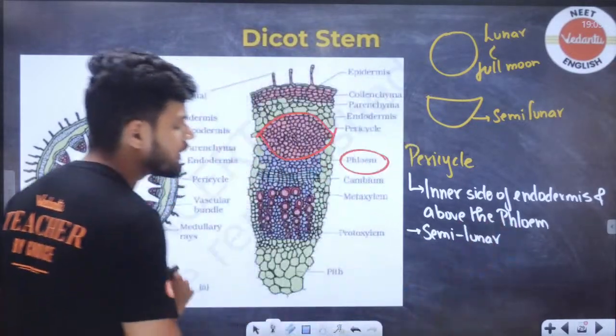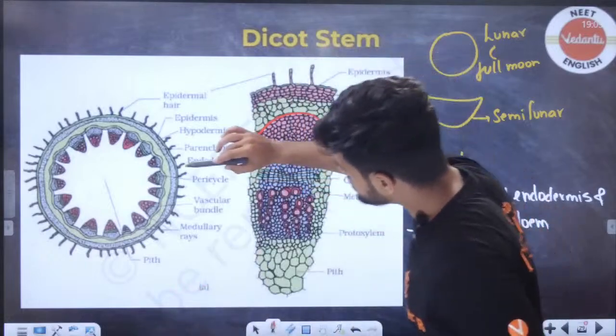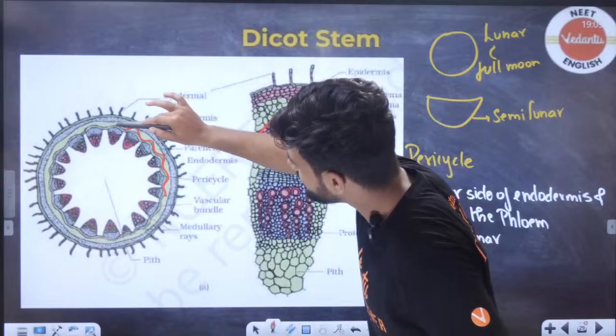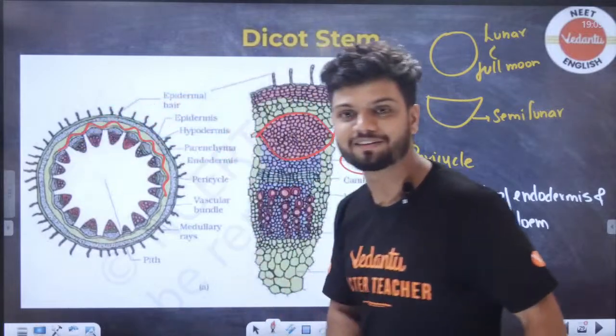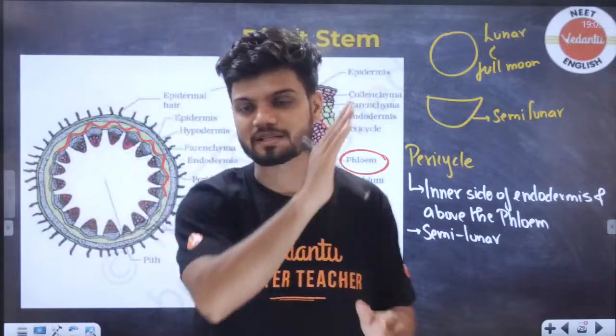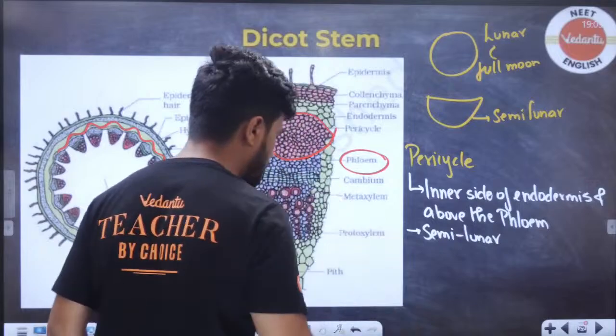Semilunar shape. And apart from semilunar shape, if you look at this section right here, can you see the pericycle is wavy? All of you can see here. Pericycle is nicely wavy. So can I tell the pericycle is said to be wavy?